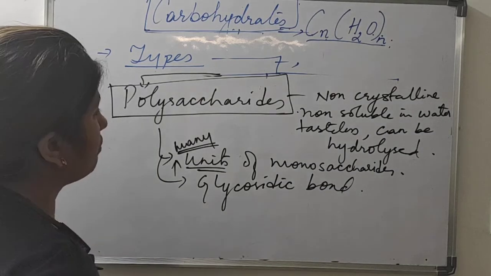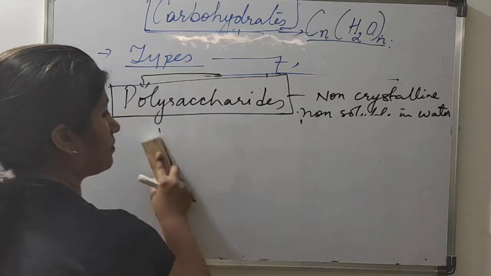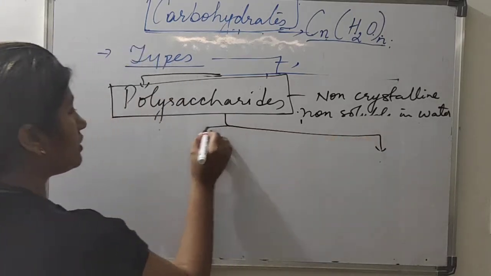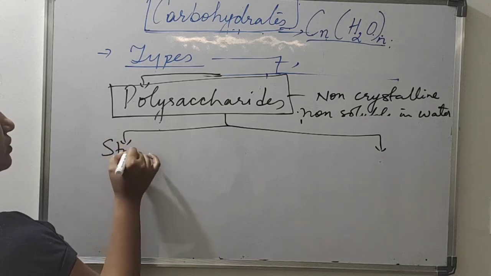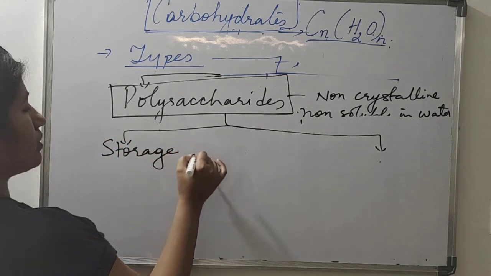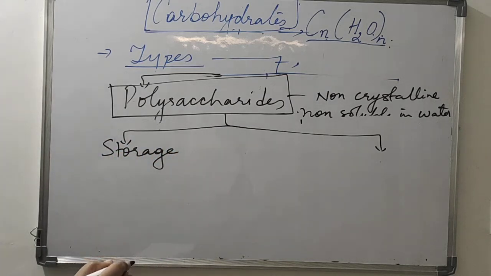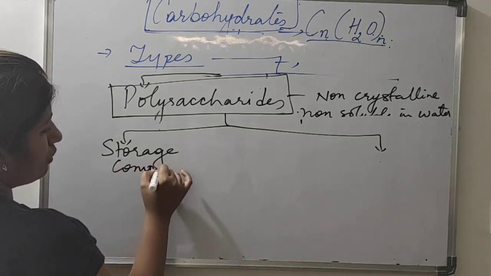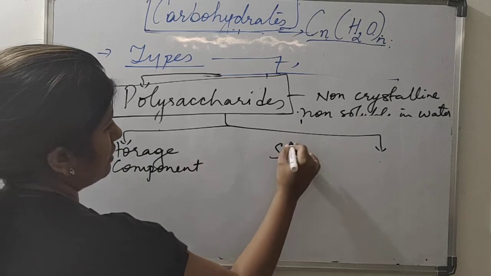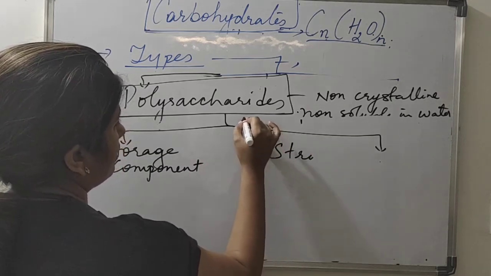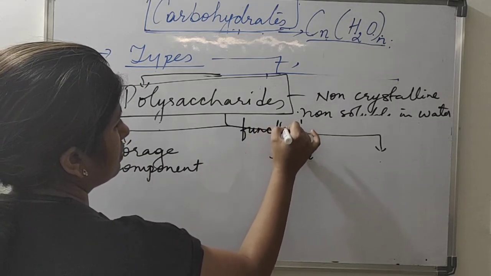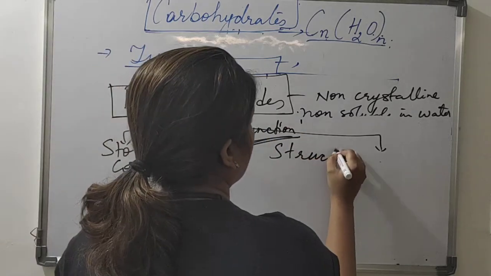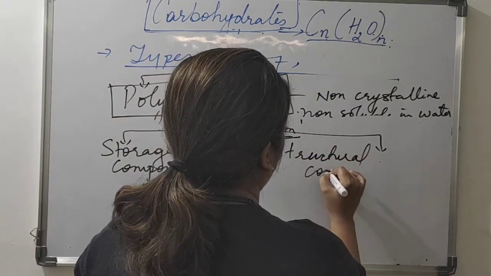Mainly, the function of polysaccharides is storage and structural function. Their main function is that they form a storage component and a structural component.